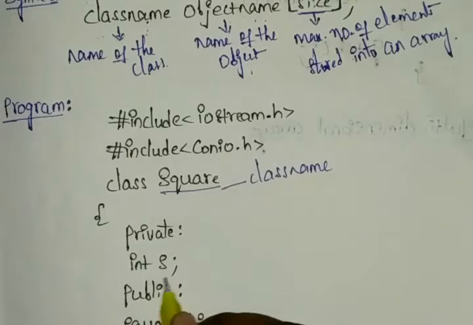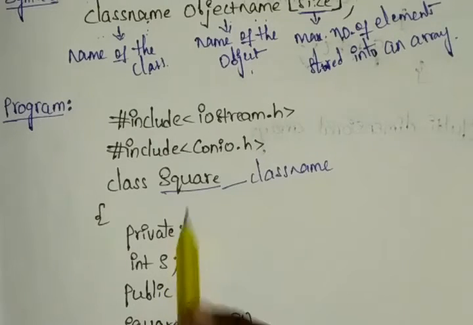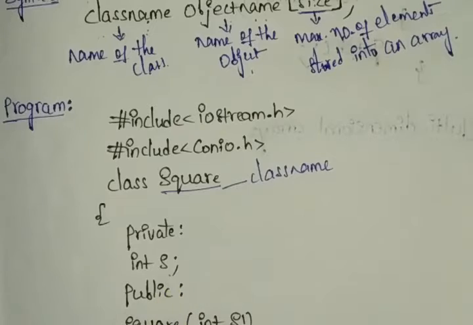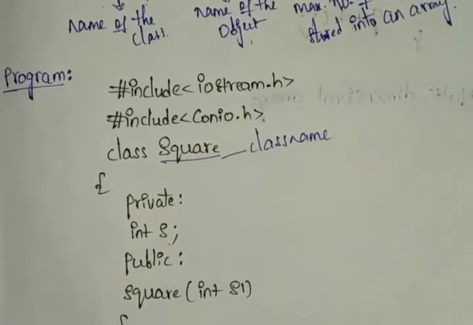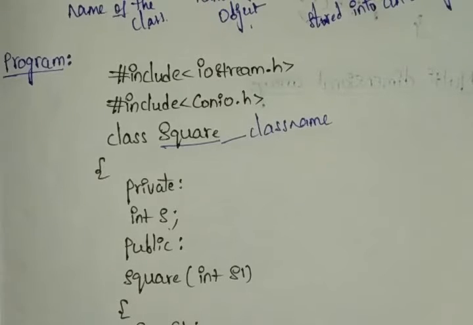In the private section I'm choosing int s, which is the square type, just one variable. And in public I'm choosing Square(int s1). So what is this? It's our constructor, right?